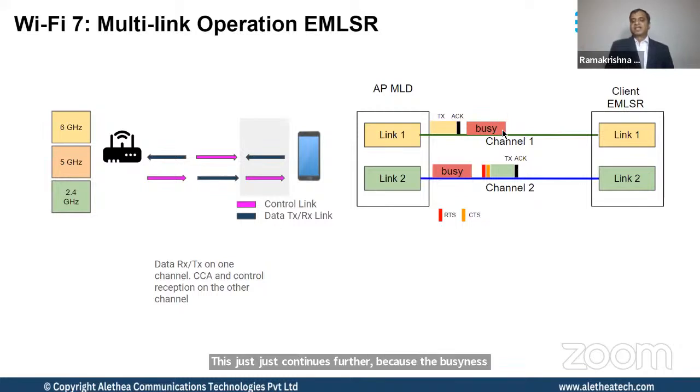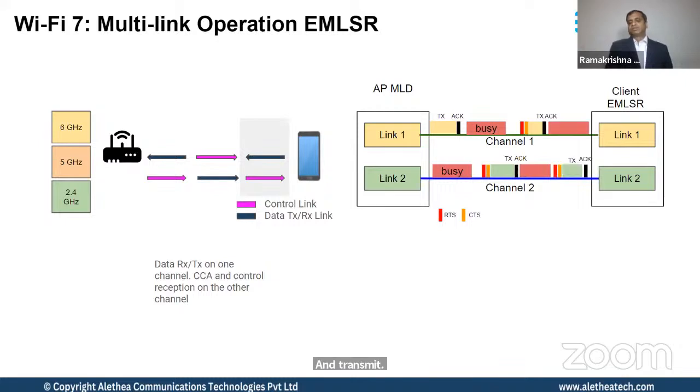So you can actually send a CTS sequence there and transmit and wait for an ACK and so on. This can continue for however long there is data to be transmitted. So EMLSR is in some way bypassing the requirement that you need the second radio by intelligently using this messaging.